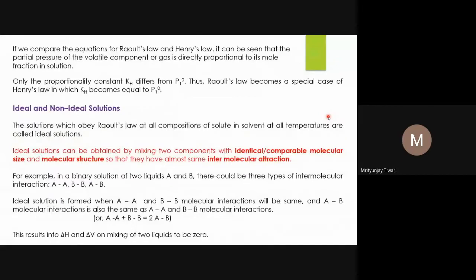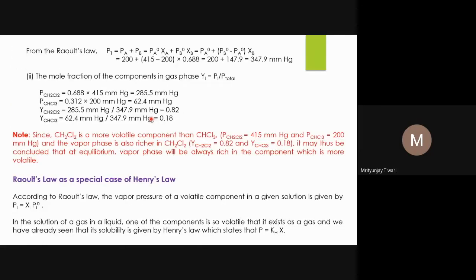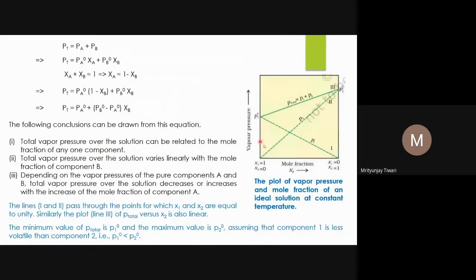To understand what the deviation from ideal behavior is and what the reason behind that is, let us first understand what ideal and non-ideal solutions are. Just as I said, the solution which obeys Raoult's law at all compositions. All compositions means that, in this graph, the composition of the solution varies, but at all the compositions the straight line is still there, that means the slope is constant.